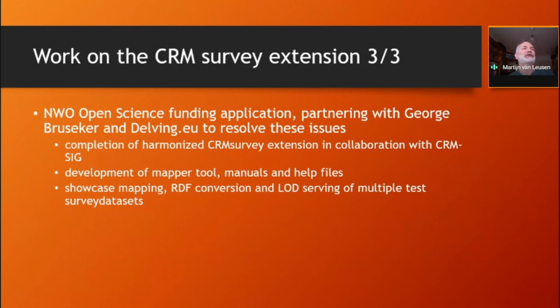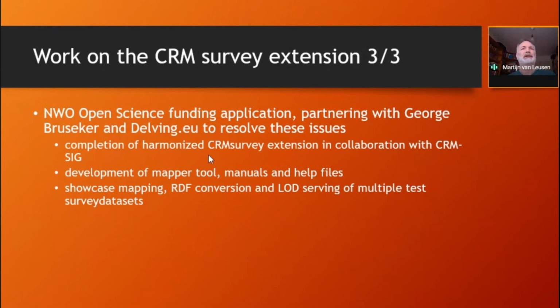We're trying to use the Dutch Science Foundation Open Science funding call with a maximum of 50,000 euros. And we plan to partner with George and with a company called delving.eu to resolve the issues in the previous slide, and in that way to complete the harmonized CRM survey extension.